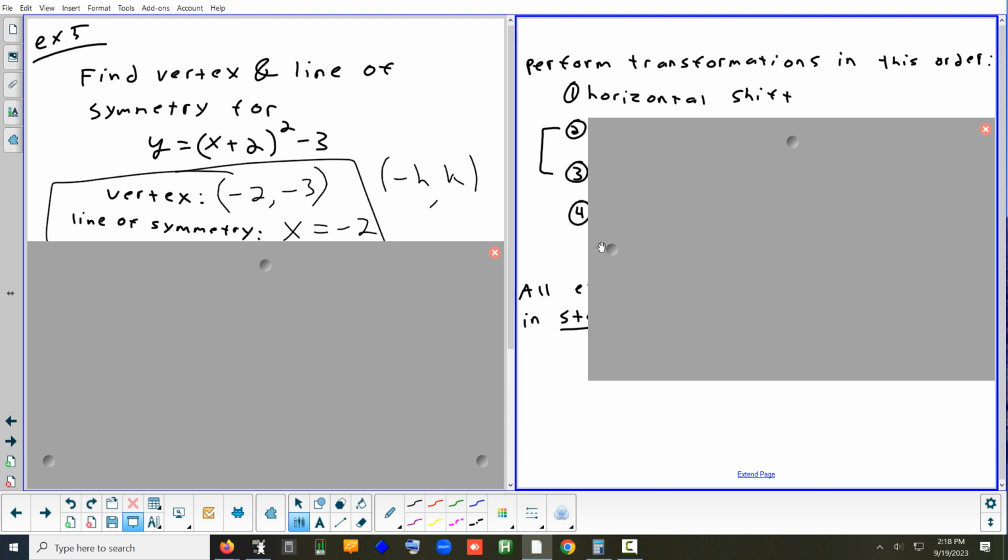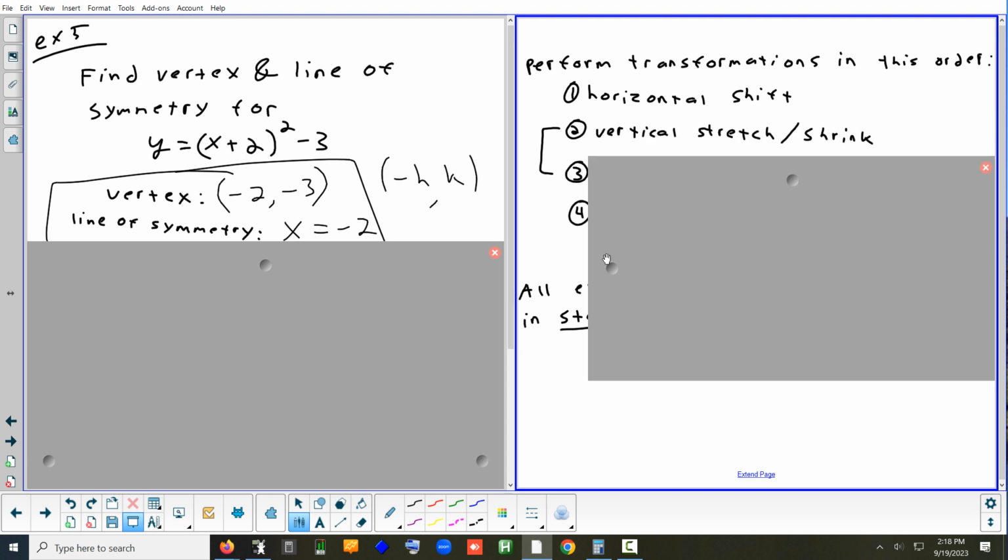If you don't have a horizontal shift, then you skip it and go to the vertical stretch. I didn't write anything about horizontal stretch. A horizontal stretch would go right in between 1 and 2. We're not going to talk about horizontal stretches in this section, so you don't have to worry about it for now.